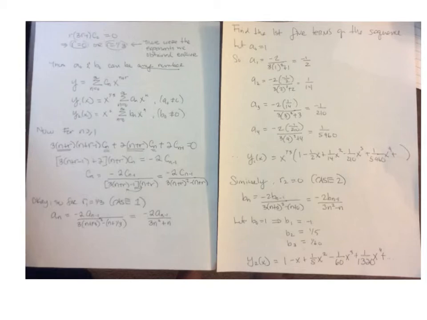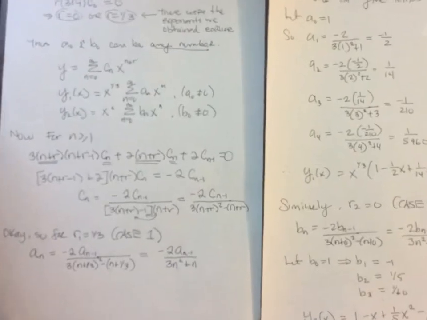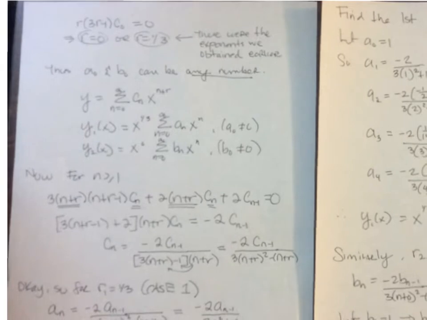Okay, so let's continue the last part of number 20. Let me make this a little bit bigger so you guys can see. From the last video, we found out that r could be 0 or it can be a third. Remember that these were the exponents that we obtained earlier.